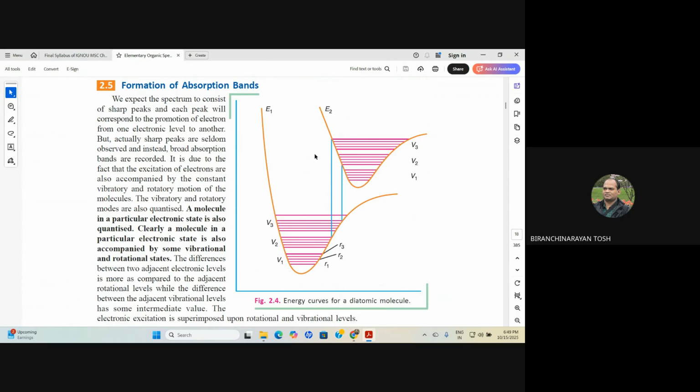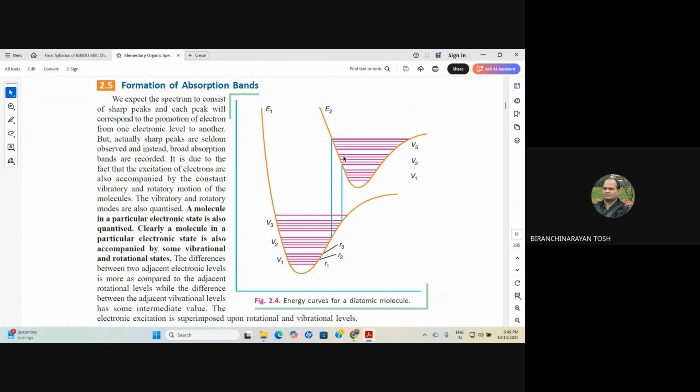Got the point? When an electron is in an antibonding molecular orbital, that is counted for instability. So in antibonding we will not get this well. The well is for lower energy, so maximum stability. But in antibonding, electrons are unstable. So it will be like this.